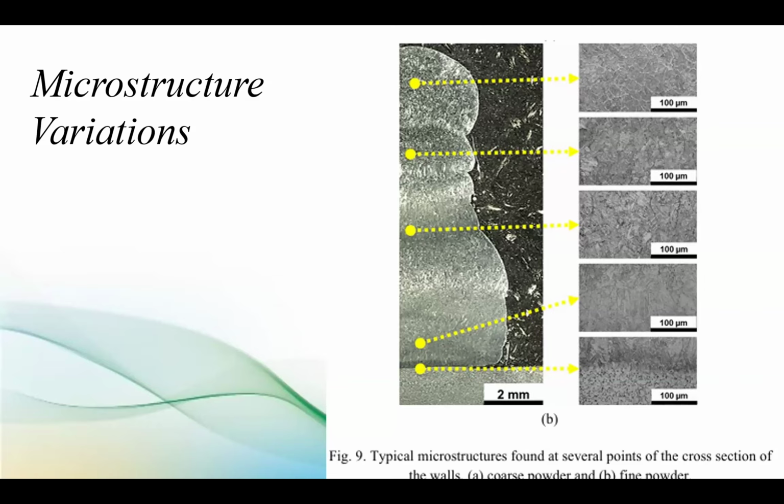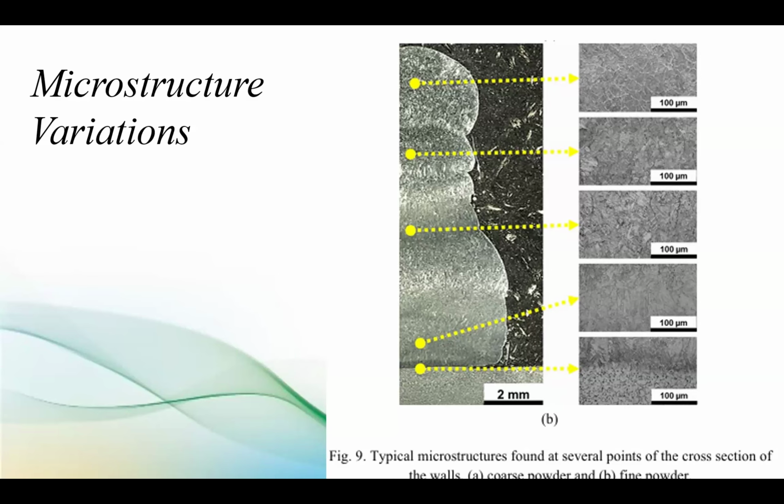Each layer has a different microstructure. The major reason for this issue is the variation in heat transfer. Microstructure is highly dependent on heat transfer. If the rate of heat transfer changes, definitely the microstructure of the final product will be different.